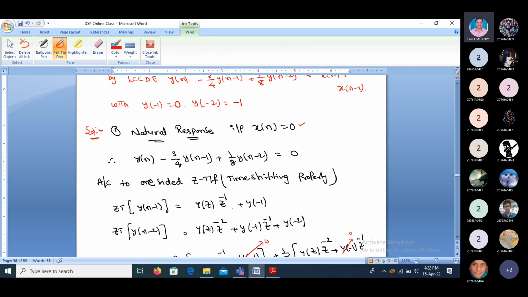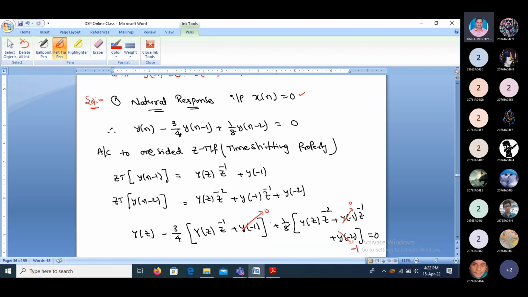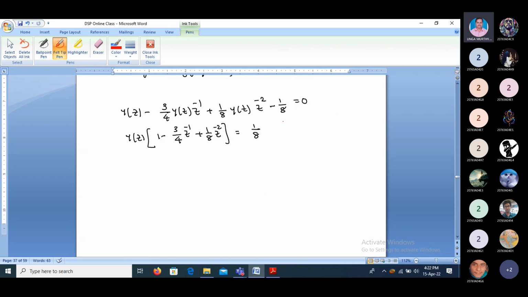That's why we go for the one-sided z transformation here to obtain the solution, where that solution is obtained due to the system natural conditions. Here, due to the system initial conditions, a numerator exists with a value of 1 by 8. So now the system transfer function Y of z is equal to 1 by 8 divided by 1 minus 3 by 4 into z inverse plus 1 by 8 into z power minus 2.